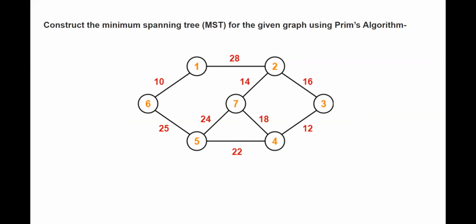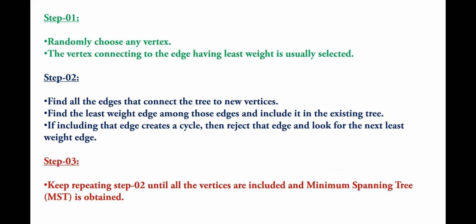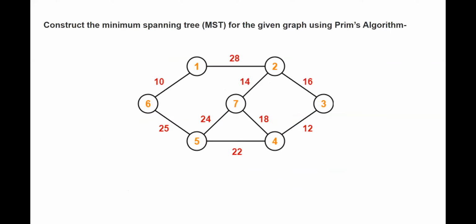The first step is over. Then find all the edges that connect the tree to the new vertices. That is, I must find the edges connecting to this particular vertex: edge 6 to 1 and edge 6 to 5 must be considered.